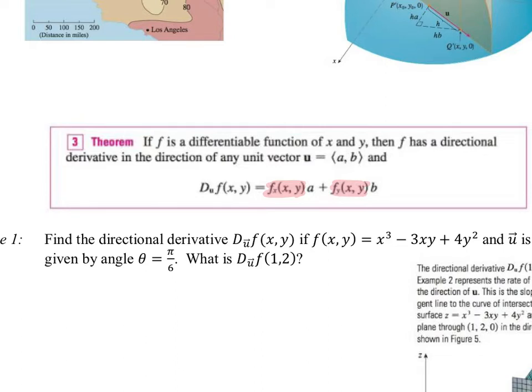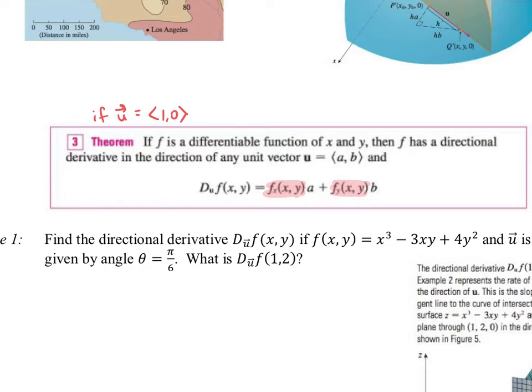Now, if you think back to the partial derivative with respect to x and the slope we analyzed in regard to that derivative, that would be if u was the vector ⟨1, 0⟩. The unit vector ⟨1, 0⟩ would point in the direction of positive x, but not at all in a different direction like positive y.